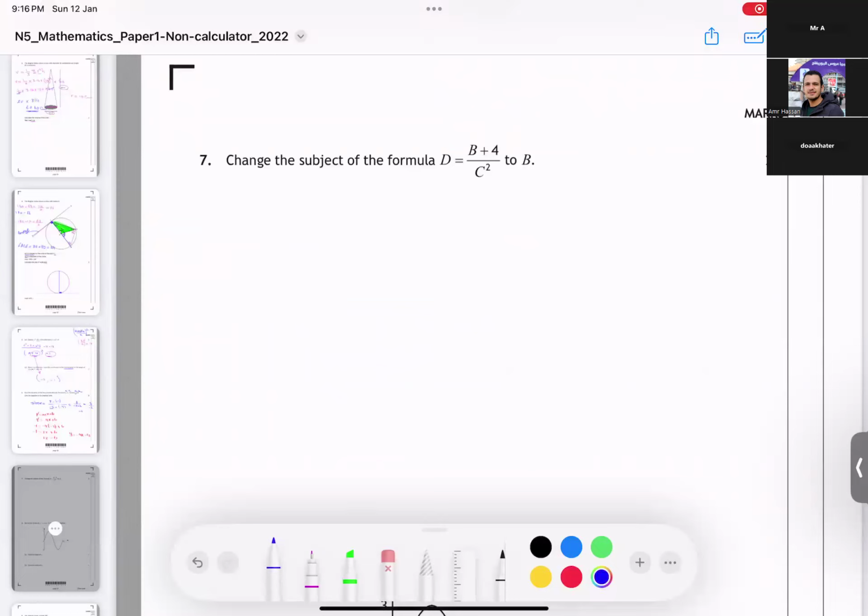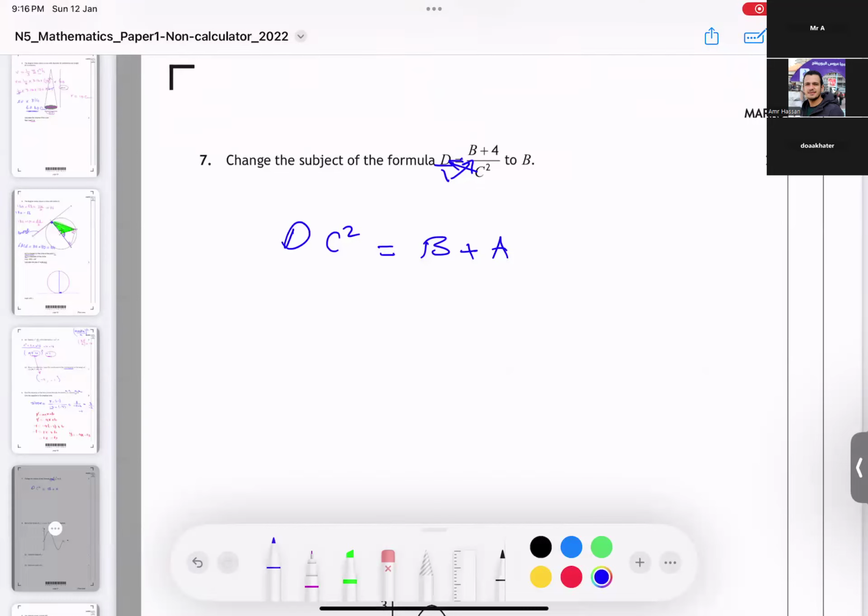This one has been divided by 1. I was trying to write it as a fraction because I need to use cross multiplying. So this one looks like d c squared, which equals b plus a.